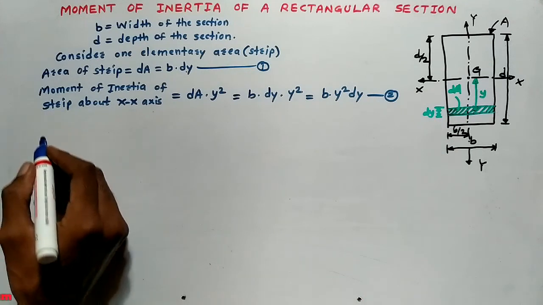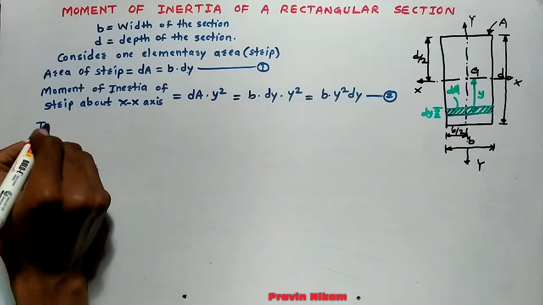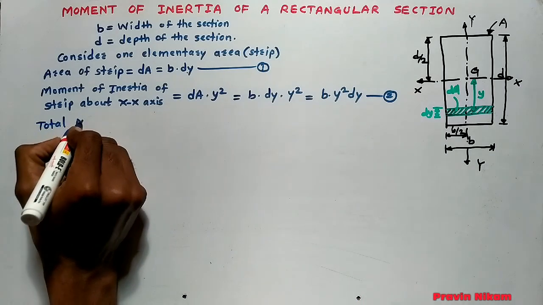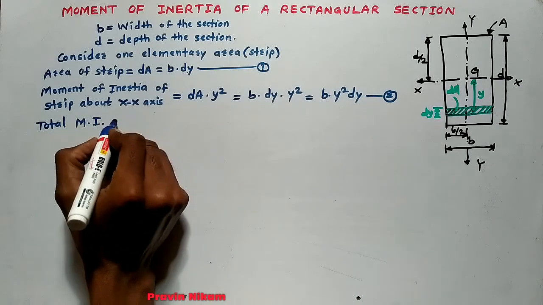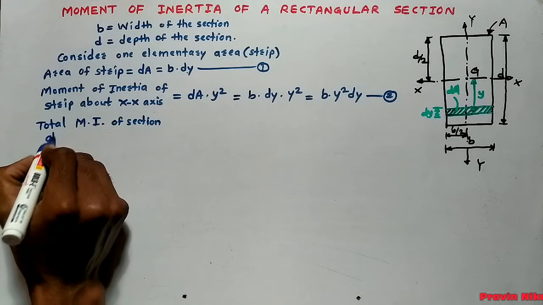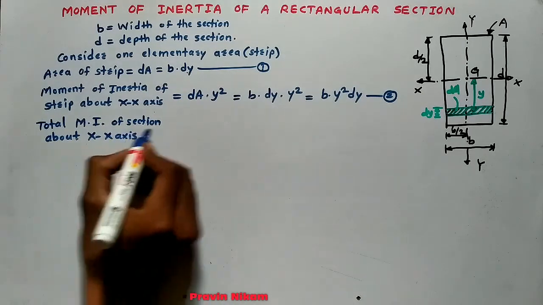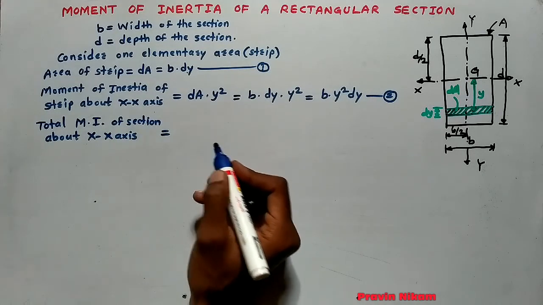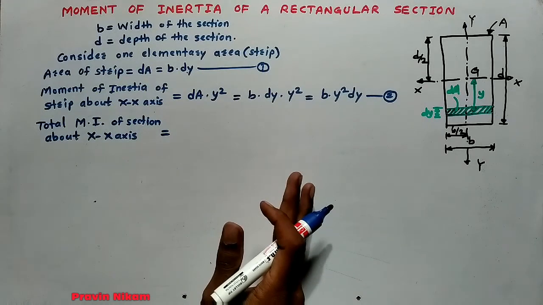Now we require the total moment of inertia. I am writing here MI. The total moment of inertia of the section about the x-axis, that is the horizontal axis, is equal to the integration.